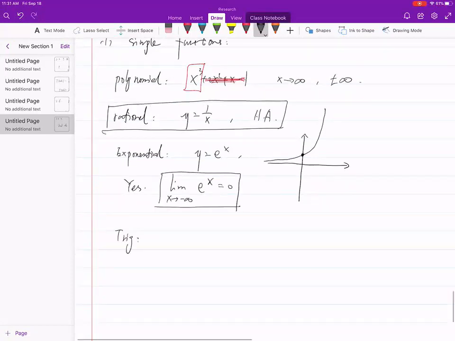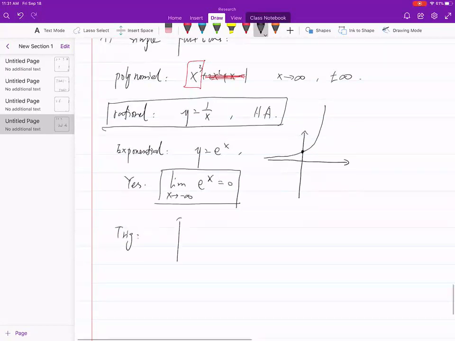Trig. What is the limit at infinity of sine and cosine? Infinity? Between 1 and negative 1, so not infinity, not negative infinity. Does it stop at a number?